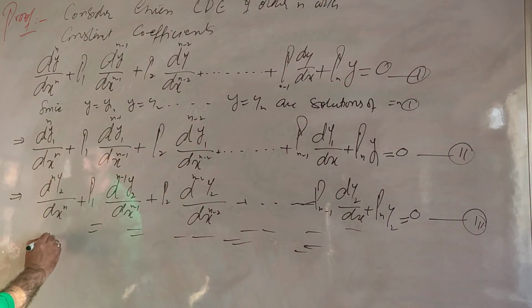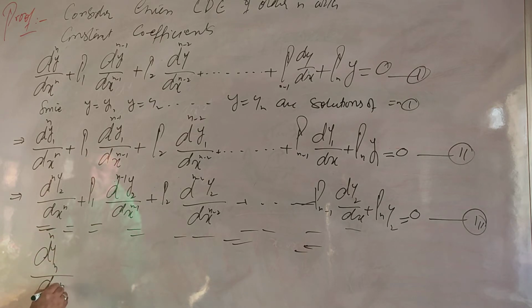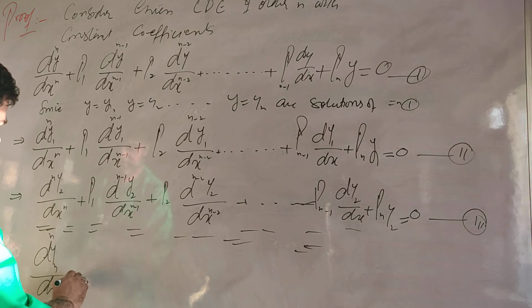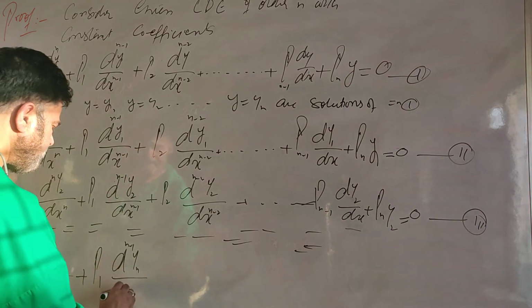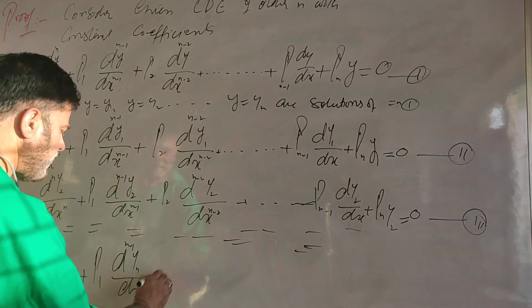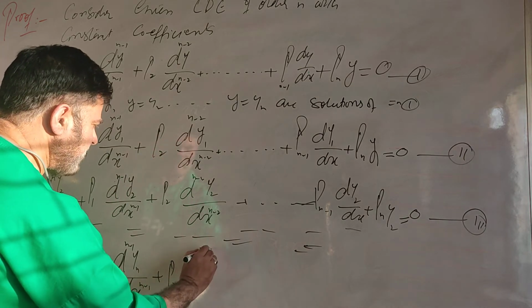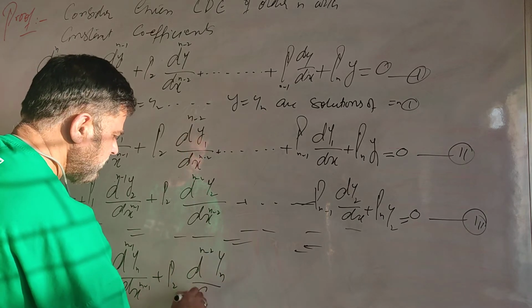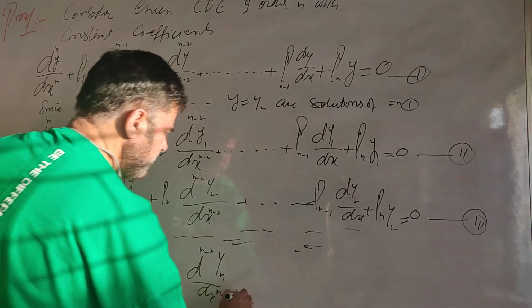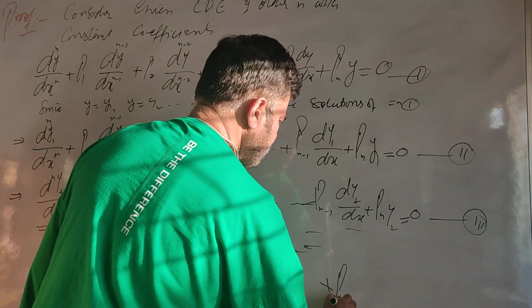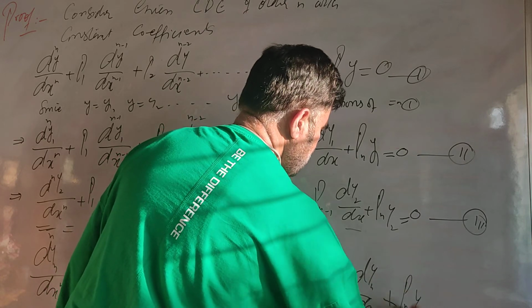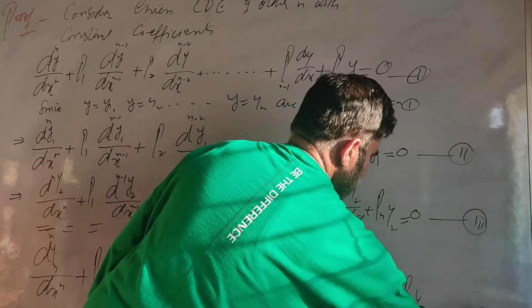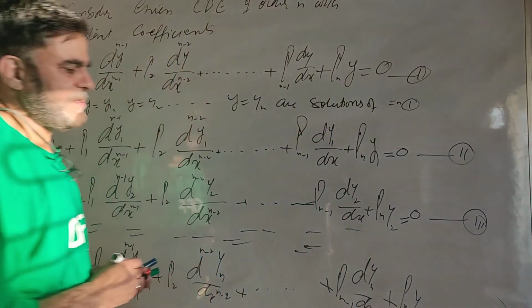It is d^n yn/dx^n, that is the nth derivative of yn, plus p1 d^(n-1) yn/dx^(n-1), p2 d^(n-2) yn/dx^(n-2), so on to p(n-1) dyn/dx plus pn yn is equal to 0. Let us name this equation number 4th.